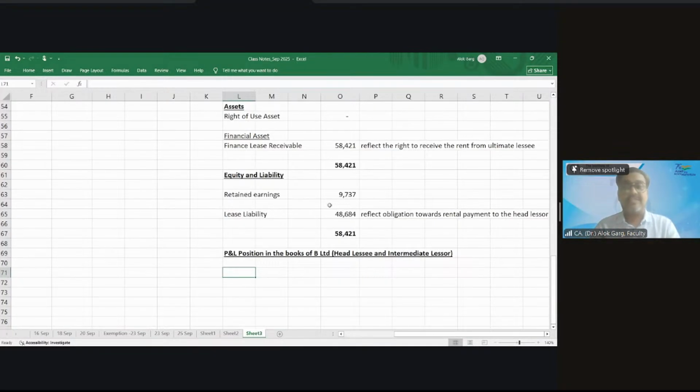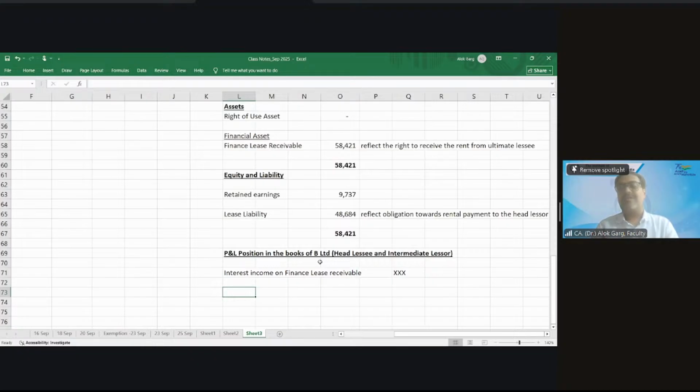In case of finance lease receivable, there is an interest income. आपको याद आया? मैंने आपको lessor accounting अभी last class में पढ़ाई है. Yes, finance lease receivable schedule. Interest income on finance lease receivable, right?